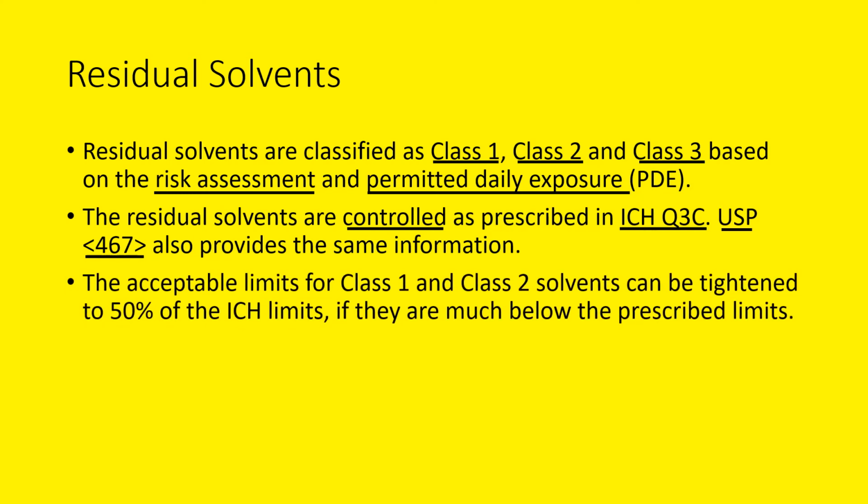The acceptable limits for Class 1 and Class 2 solvents can be tightened to 50% of the ICH limits if they are much below the prescribed limits. For routine monitoring, there is flexibility for Class 1 and Class 2 solvents. If the residual solvents are much less than the ICH limits, the routine limits could be tightened.